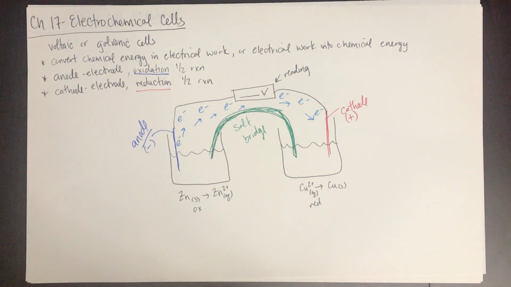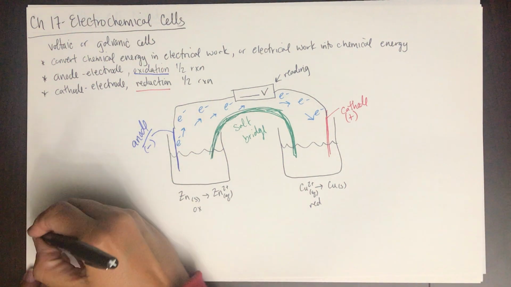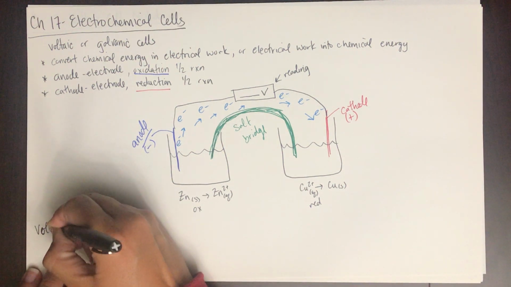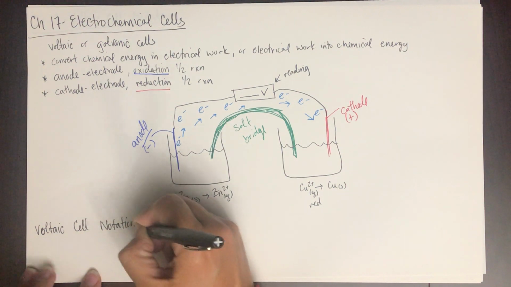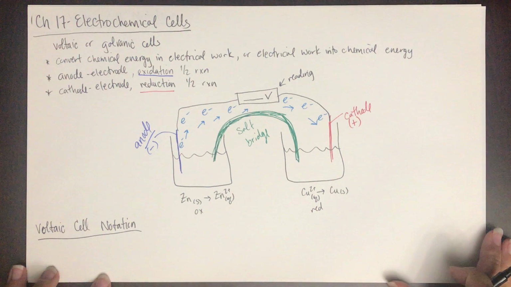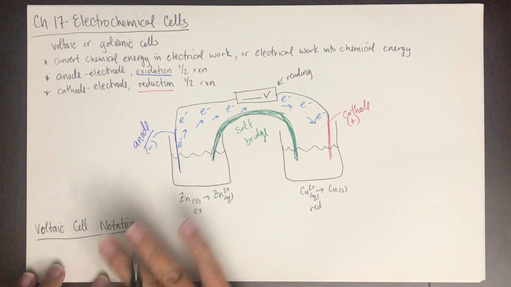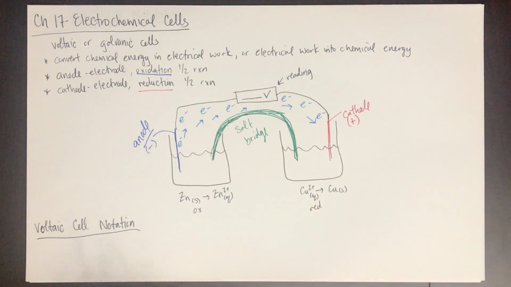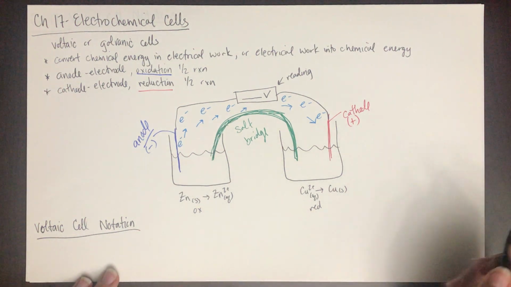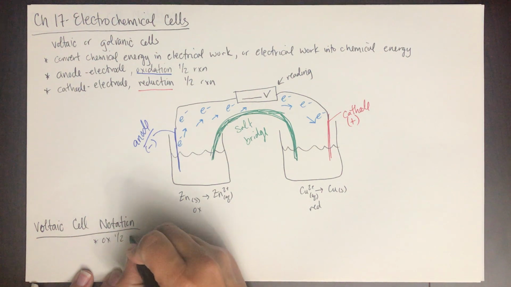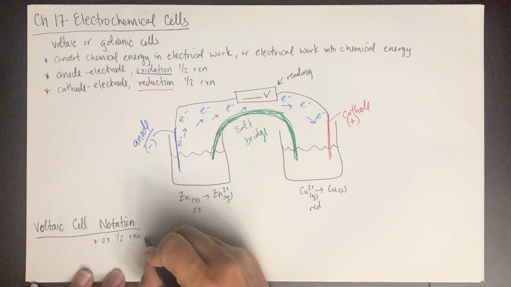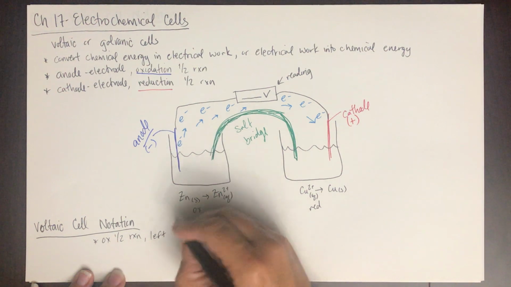When we have electrochemical cells, we have what's called Voltaic cell notation. Voltaic cell notation tells us how to write a shorthand of what's happening in this picture. The rules are that the oxidation half reaction is written on the left, the anode.